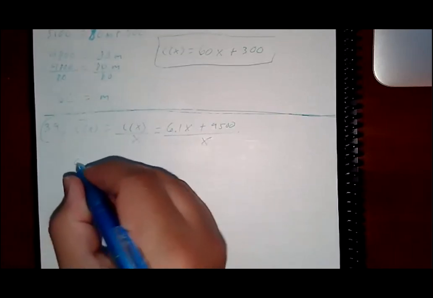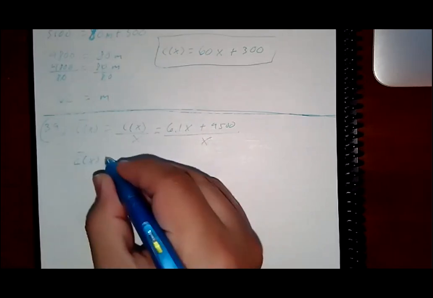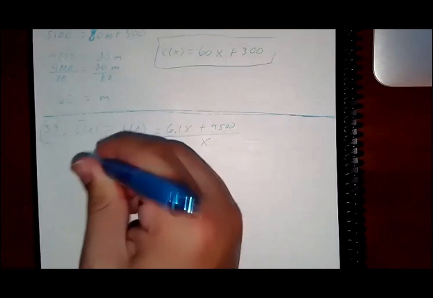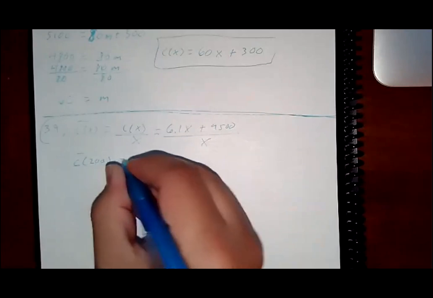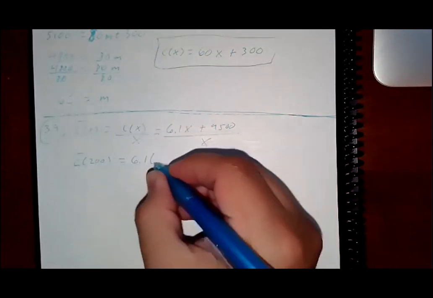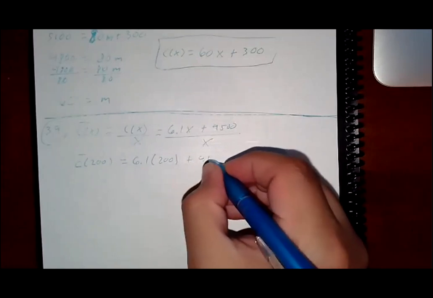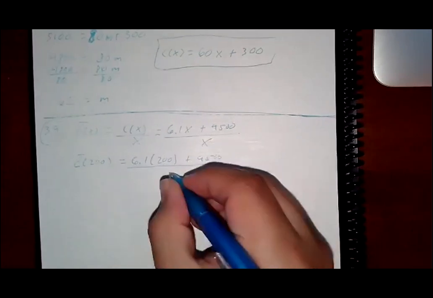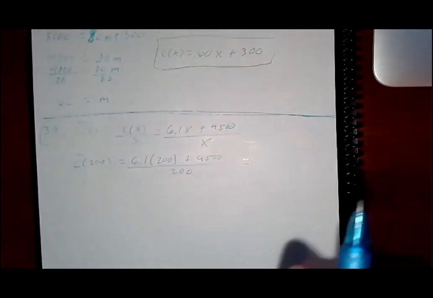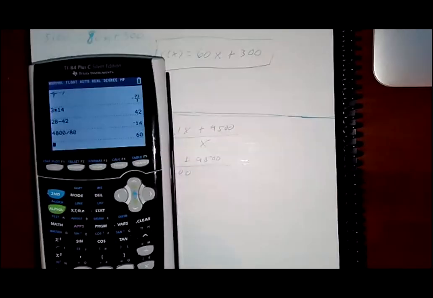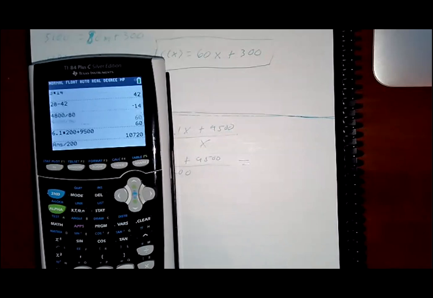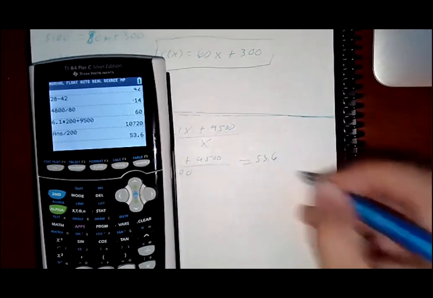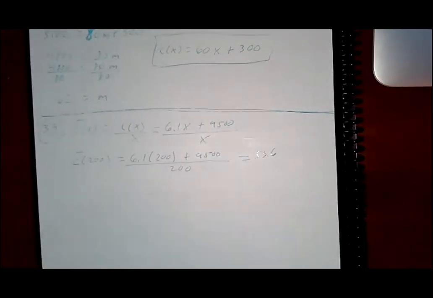So C bar of 200 will equal 6.1 times 200 plus 9,500, over 200. So you can do it this way and just be done. Right? So 6.1 times 200 plus 9,500, then divide the result by 200. So 53.6 should be your answer.